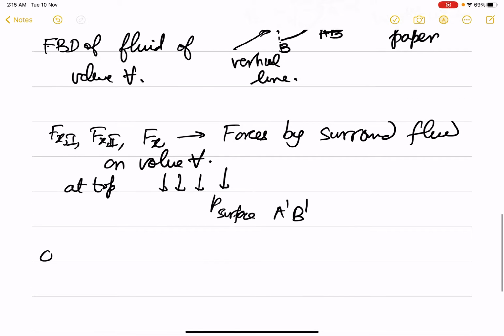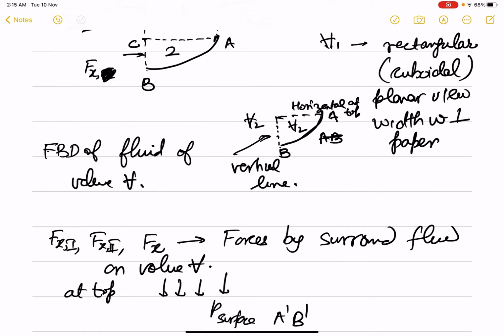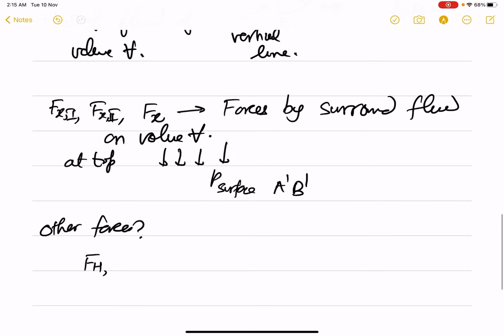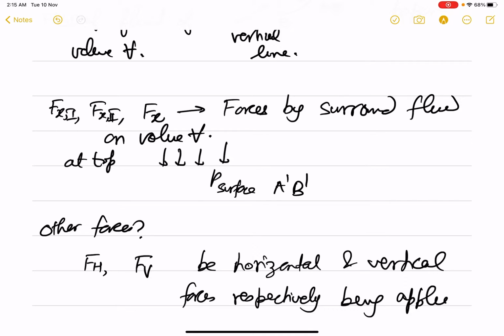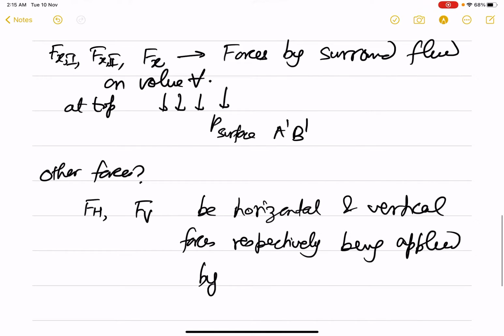What else? What are the other forces? There is a force FH and FV, the horizontal and vertical force respectively, being applied by the surface AB on the fluid.